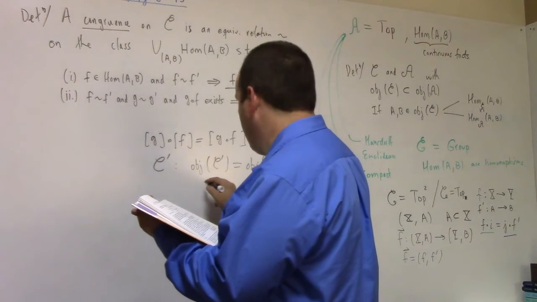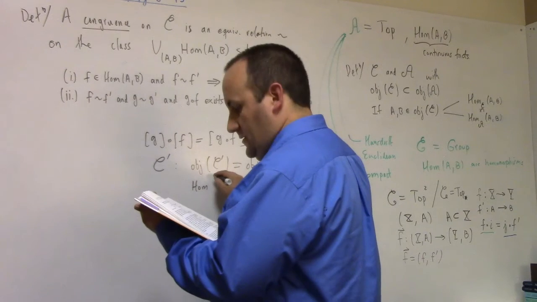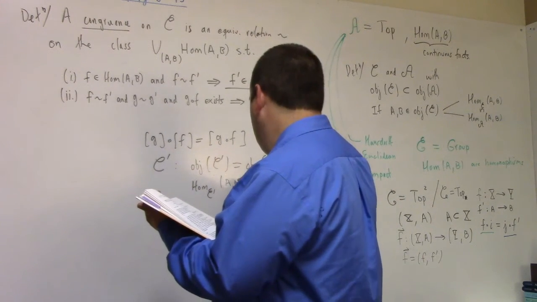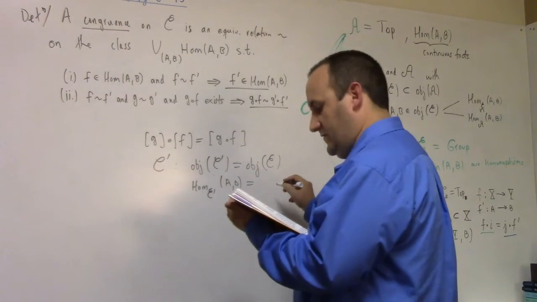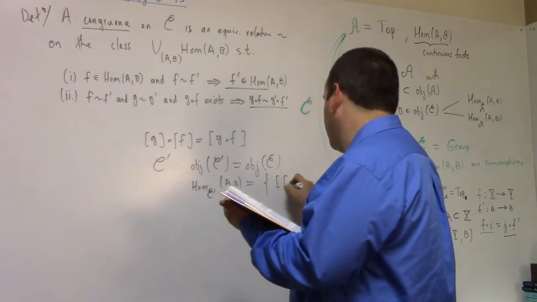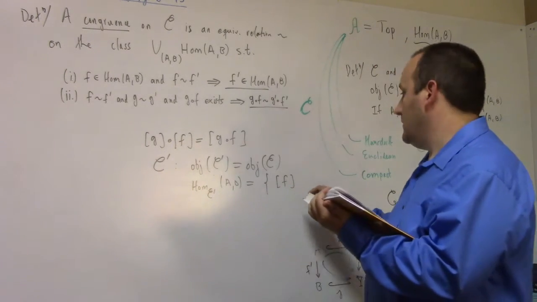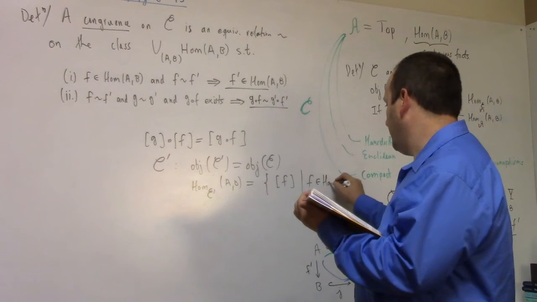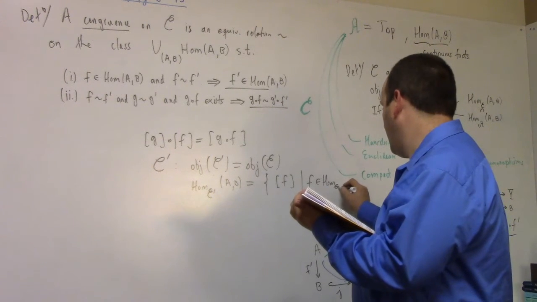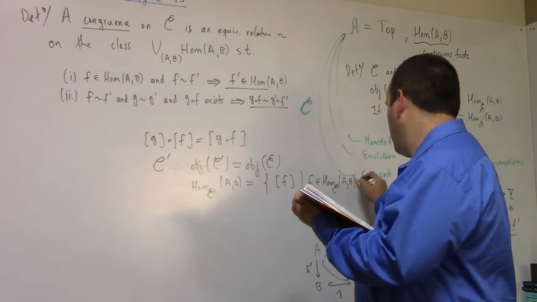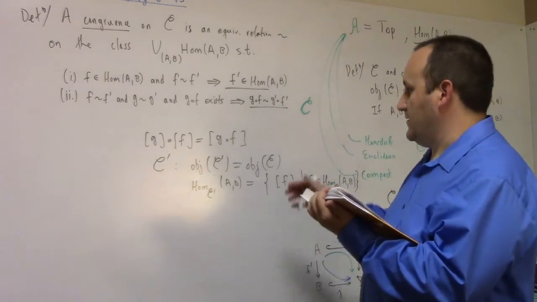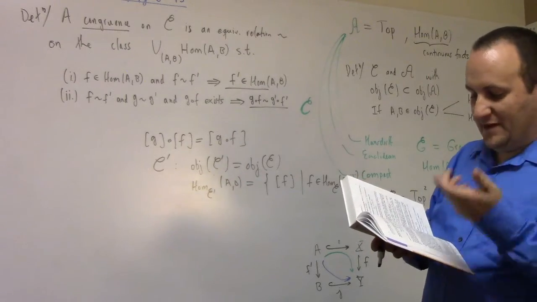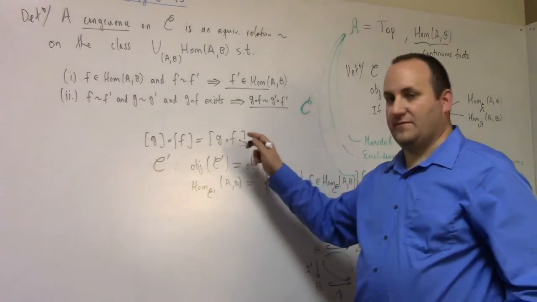The morphisms of C prime are just the equivalence classes of morphisms of the original category. And he's defining composition here, okay? This is a definition.